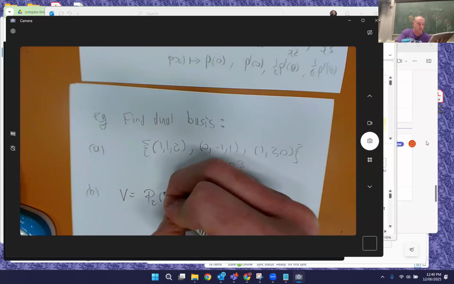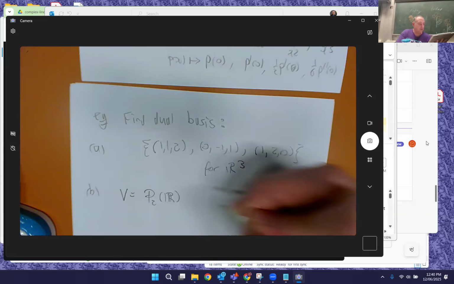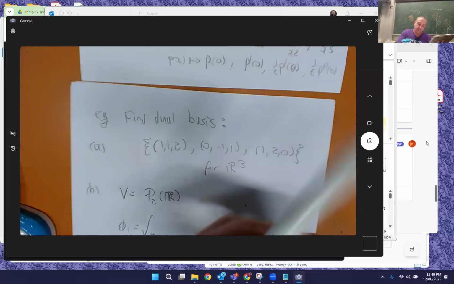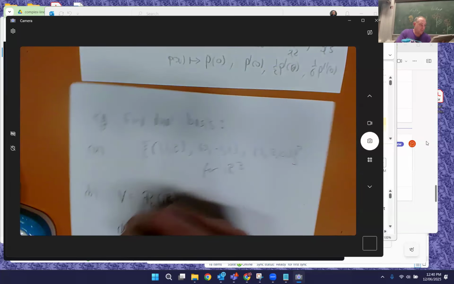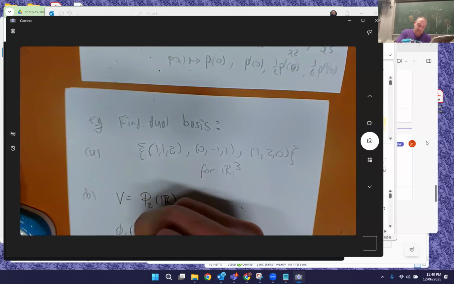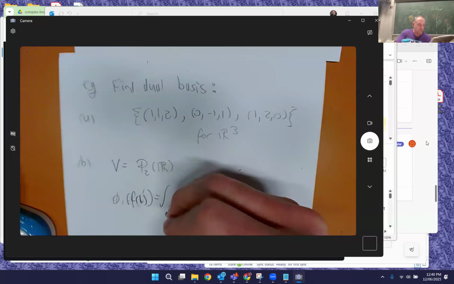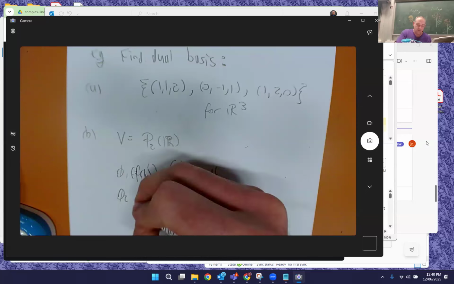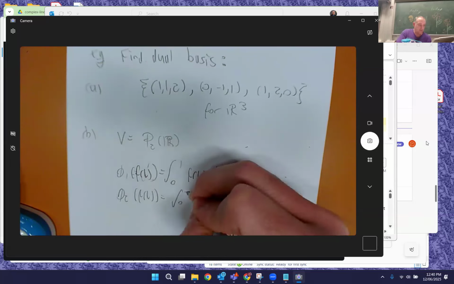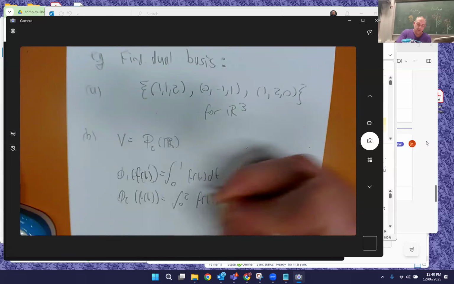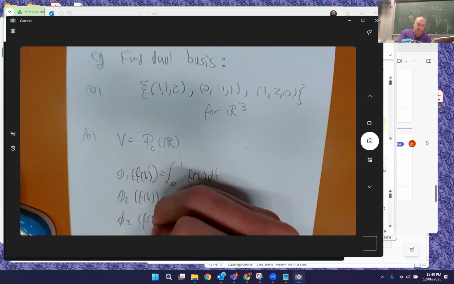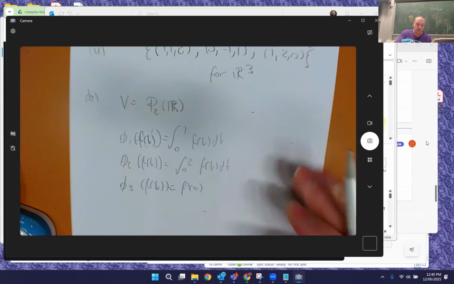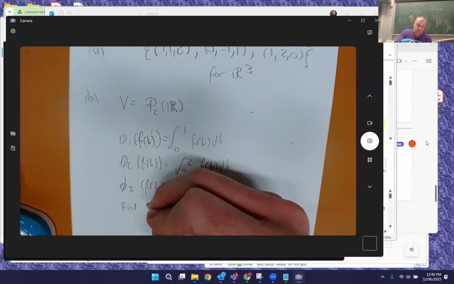B, P2, R. I1 of f of t is the integral from 0 to 1 of f of t, I2 is the evaluation at 0, and find a basis.